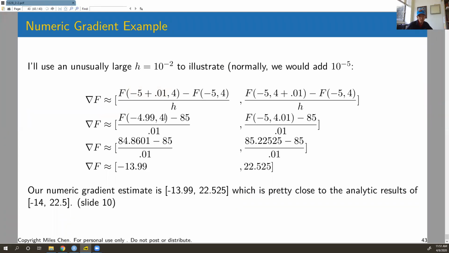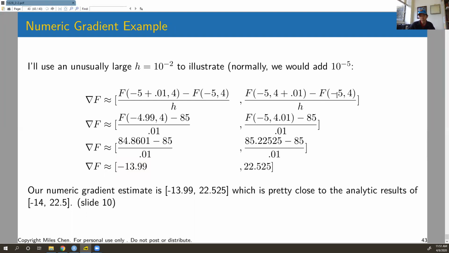So I'm going to see what the value of the function is at the coordinate -4.99, 4. At -5, 4, we found it to be 85. When I'm using -4.99, 4, my value changes to 84.86. So it goes down from 85 to 84.86, and that was just by adding 0.01. Therefore, my gradient at this location for this component is going to be -13.99.